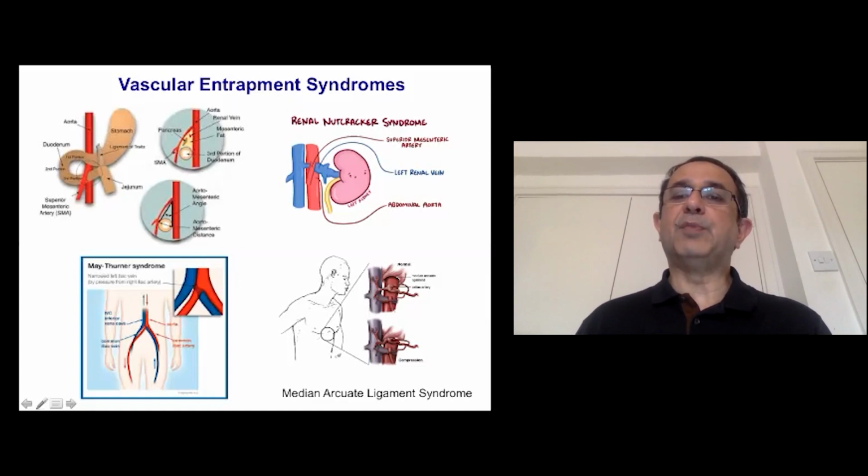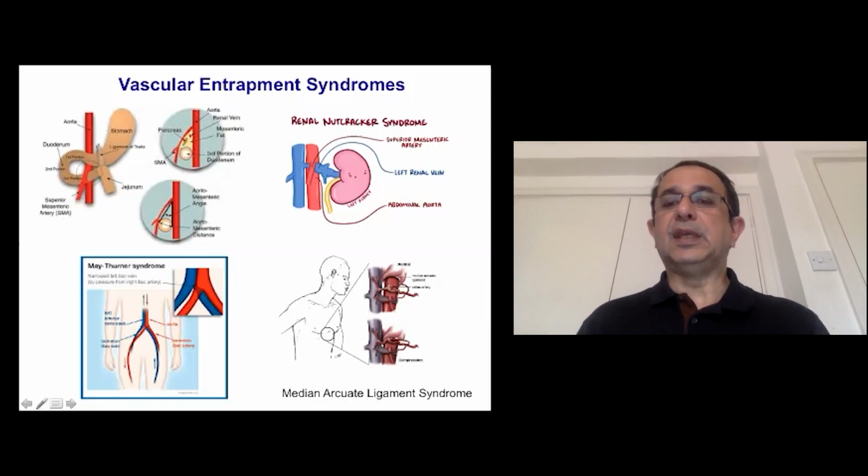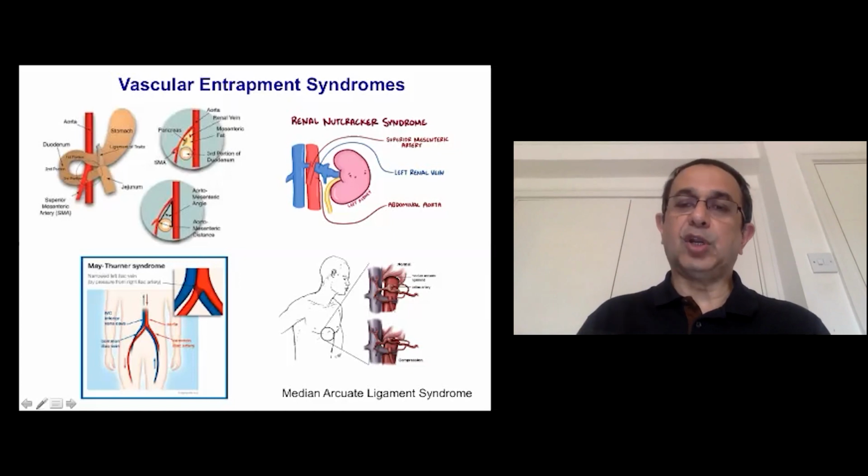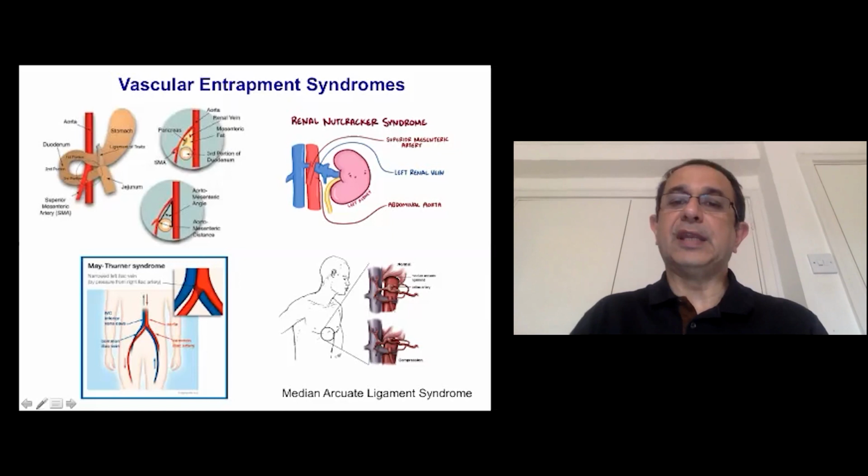And this is the branch called the celiac artery. And as you can see under normal circumstances, this ligament is above the celiac artery. But in some cases, the celiac artery can move up, or this ligament has an abnormal configuration and it actually goes over the celiac artery and it can compress it.